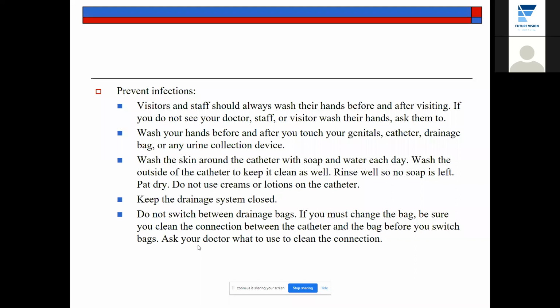If you do not see your doctor, staff or visitor wash their hands, the most important thing is handwashing. You noticed we talked a lot about handwashing. Wash your hands properly.